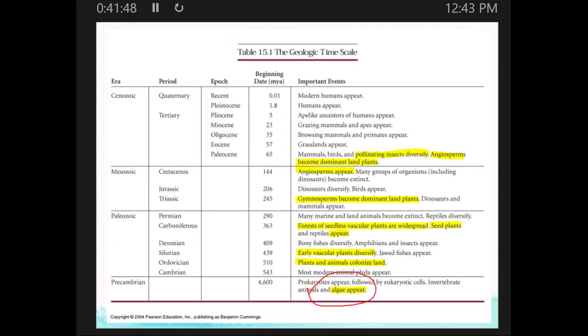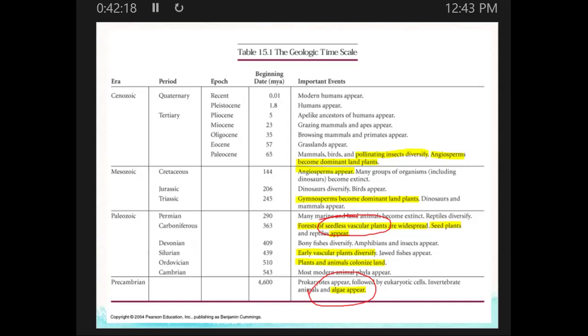I'm not going to be asking you to memorize all of this. I just wanted to show you that they have pieced this together pretty well. Here you see the seedless vascular plants during the Carboniferous. We mentioned that one. I would like you to know that mainly because that's the time when we start talking about the dinosaurs. And really, if you're a botanist, you'd say it's the age of the seedless vascular plants, not the age of the dinosaurs.